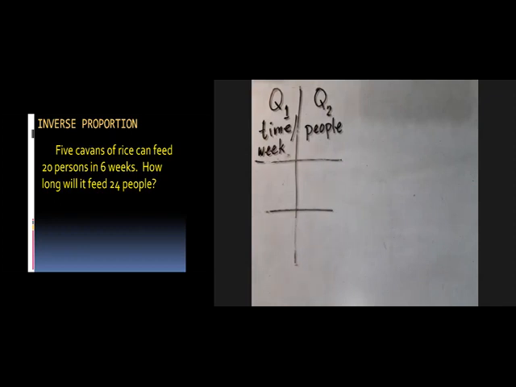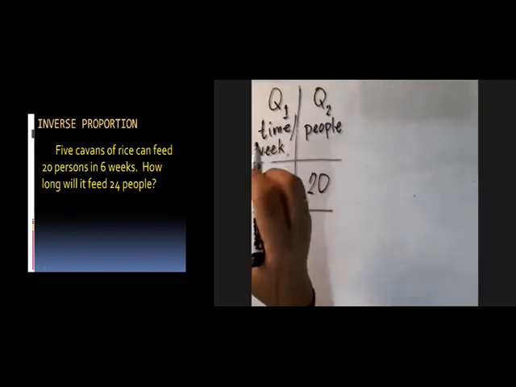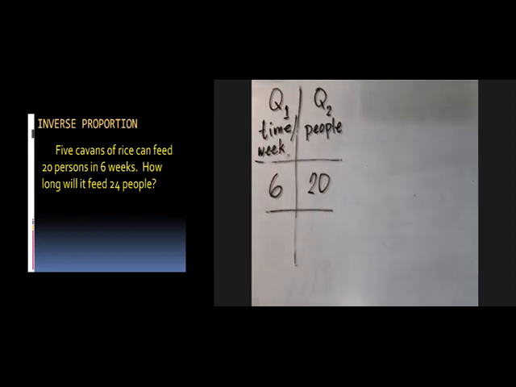Now, let's fill in now our table. We have yung 5 kabans, hindi natin napapansin yan, hindi natin kailangan yan. Ang kailangan natin ay yung 20 persons in 6 weeks. So our first pair would be 20 persons in 6 weeks. Okay?